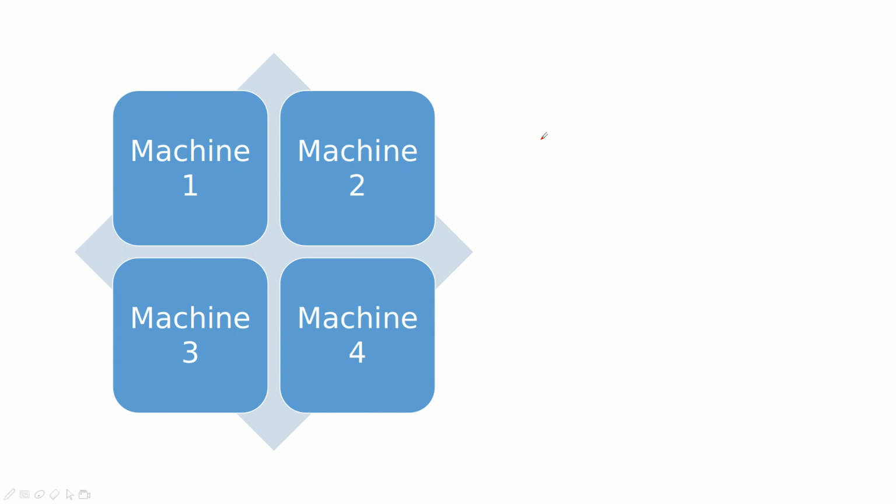So unlike a traditional solution where we used a single machine, here in big data we use a collection of machines that are connected to each other. We call them a cluster, right? So it's a collection of machines, but just connecting machines with each other is not enough.